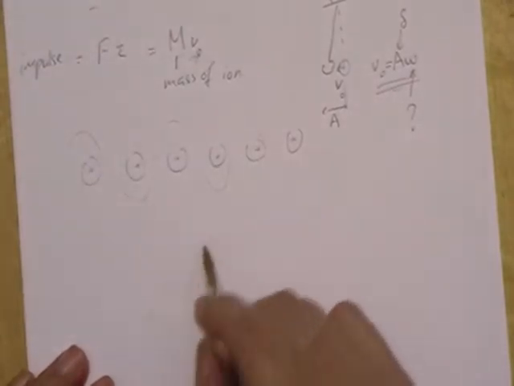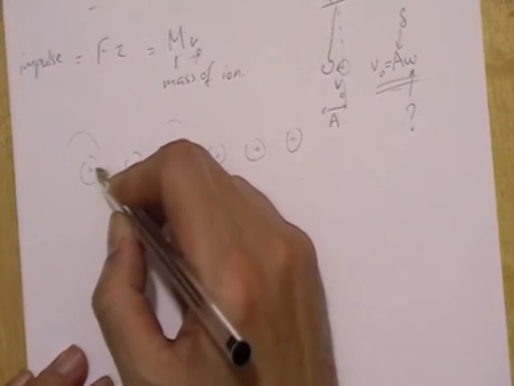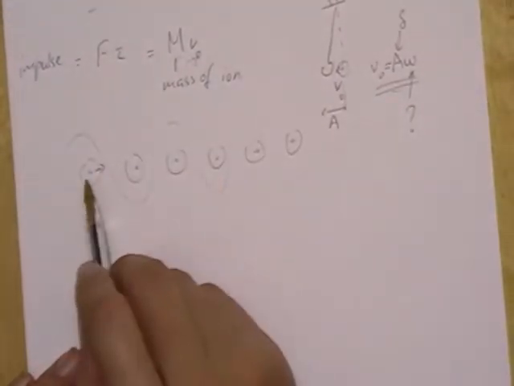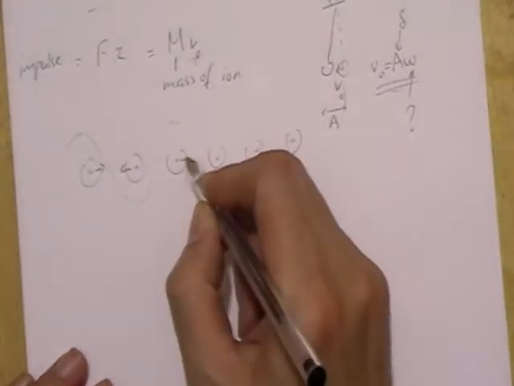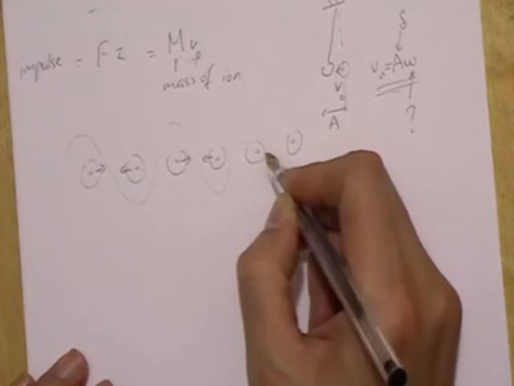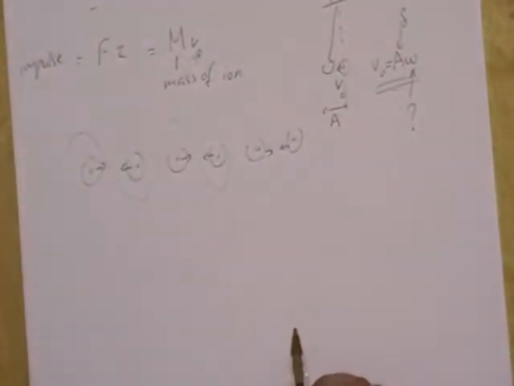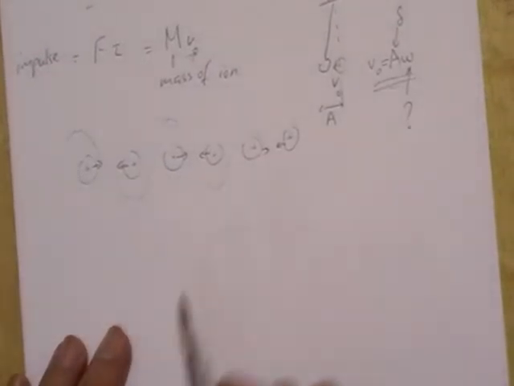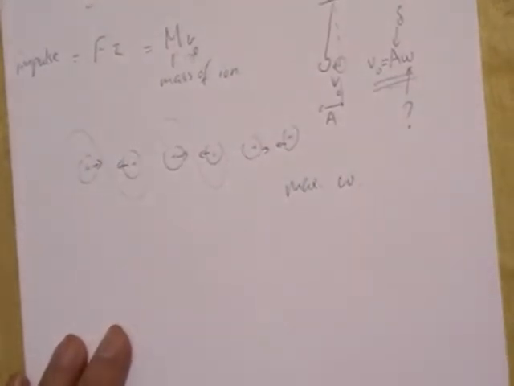But if you're talking about a longitudinal wave, then this would be, say, moving to the right, and this moving to the left, right, left, right, left. So when this happens, we have the maximum possible frequency.